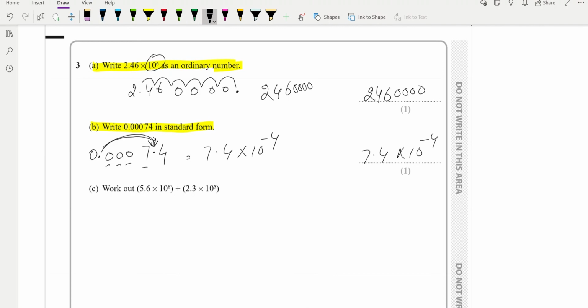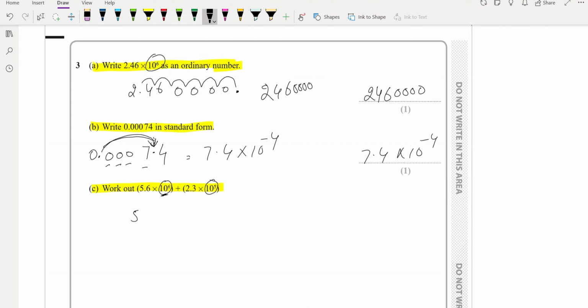And next we have to work out this one. For that, we will rewrite: this is 10 raised to the power 6, so we will make it 10 raised to the power 5, so that this is also 10 raised to the power 5.